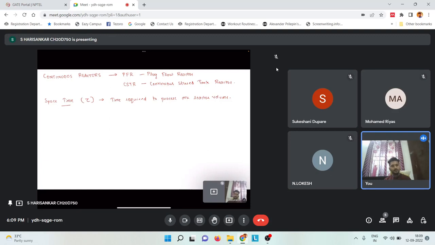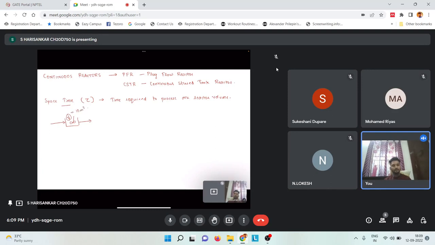So let's say we have a reactor. Let's say we have a CSTR of volume V, or a plug flow, or a batch, or any continuous reactor. Let's say the volume V is somewhere around 10 meter cube.